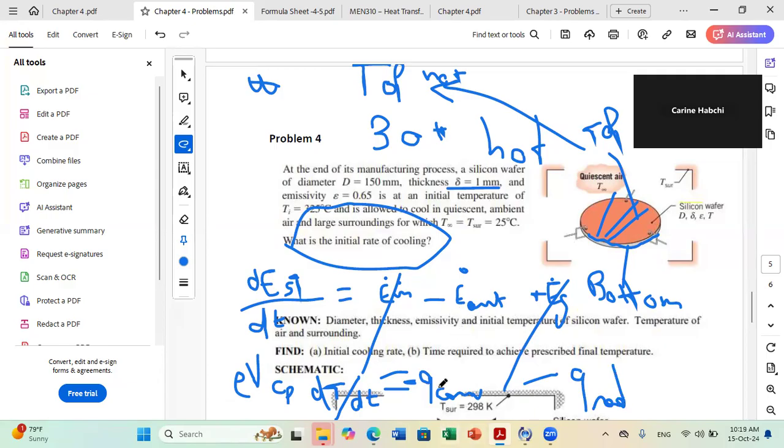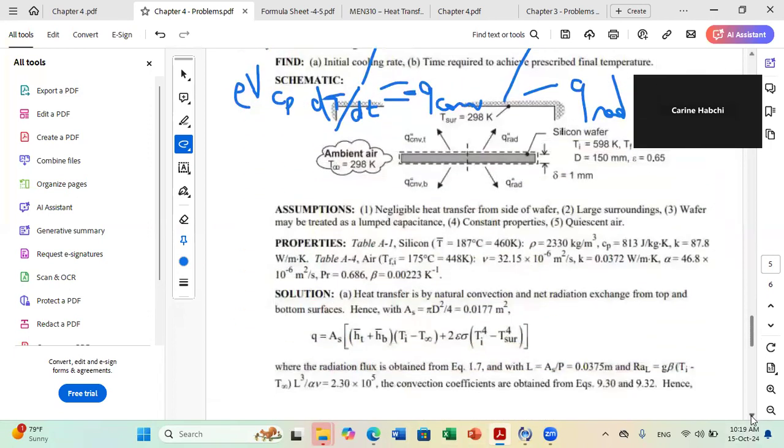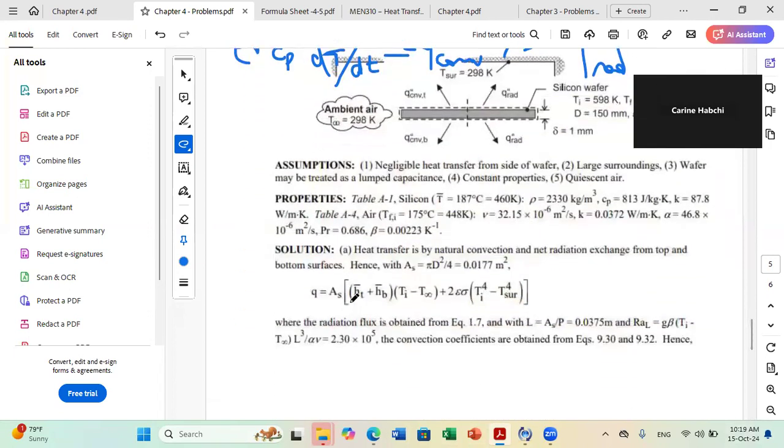And now for the convection, as we said, we should divide it into two parts. To evaluate the convection loss, we need to consider h top A delta T plus h bottom A delta T. But because delta T is the same, and the area is the same for top and bottom, we can take it as a common factor.